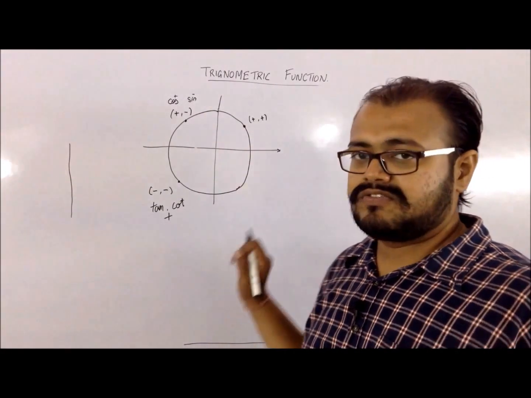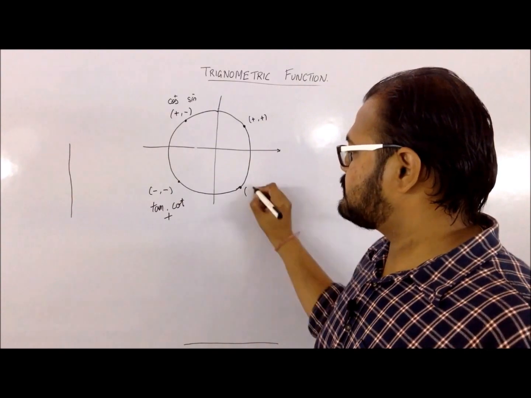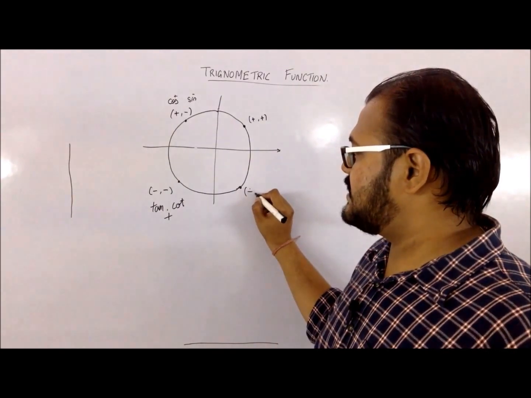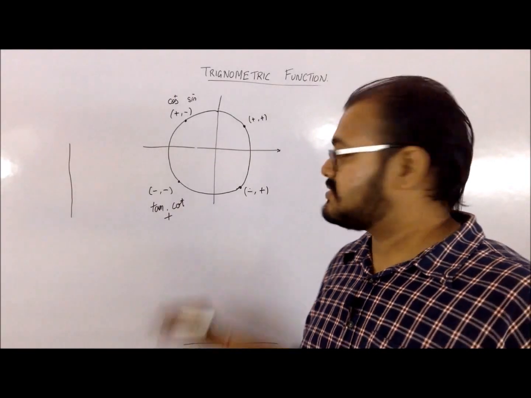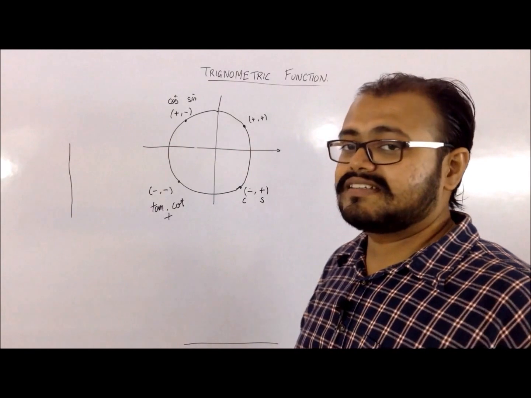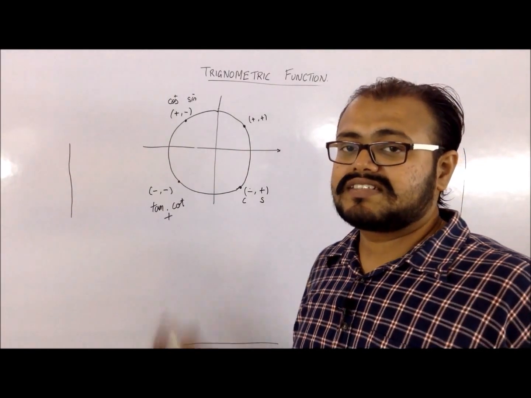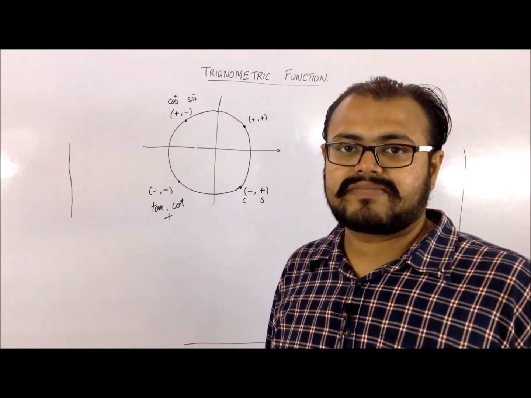If you observe the fourth quadrant, I have my x coordinate as positive and the y coordinate as negative. So that is why my cos is positive and my sine is negative.